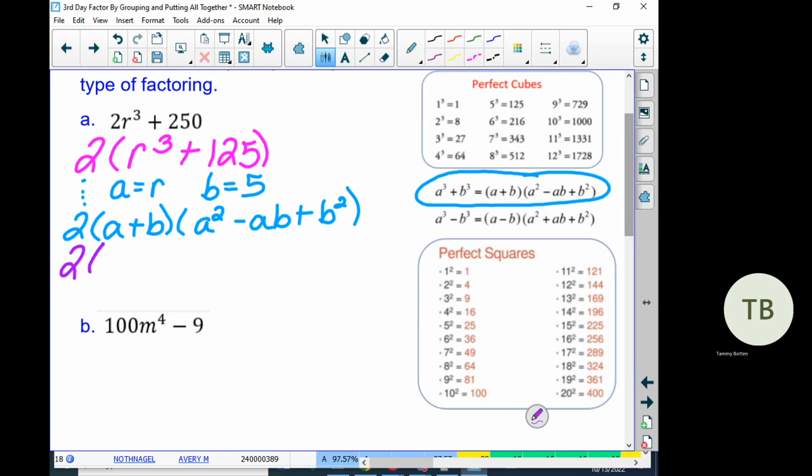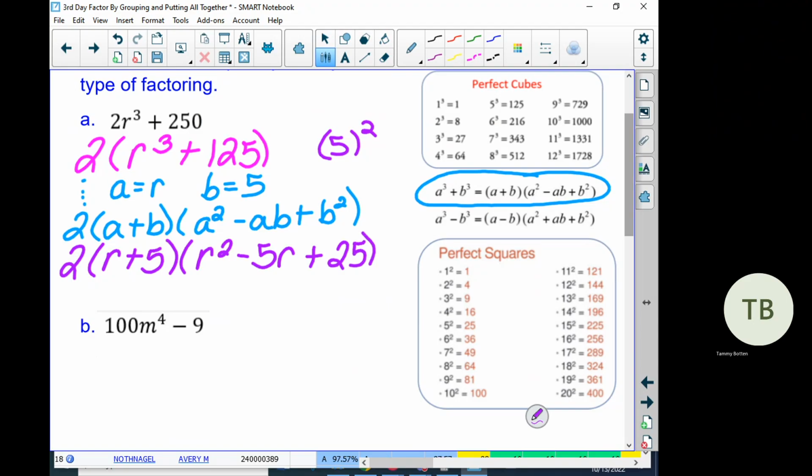So in for A, I put an r. In for B, I put a 5. A squared would be r squared. A times B, when you multiply 5 and r, you always put the number in front of the variable, so it'd be 5r. And then plus B squared, which is 5 squared, and 5 squared is 25.